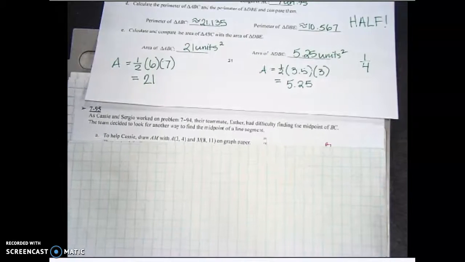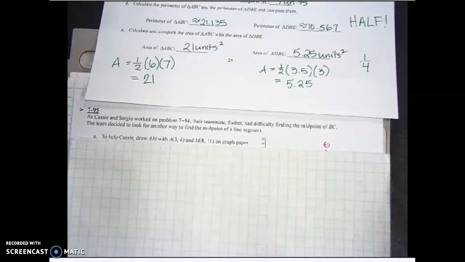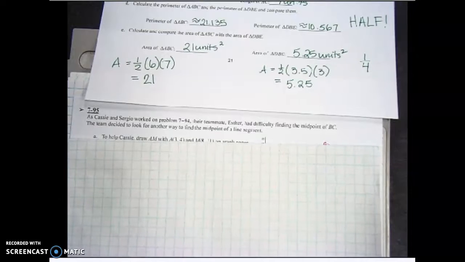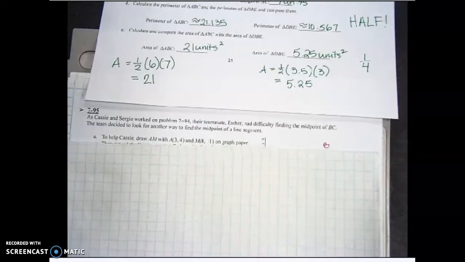All right, question 95 at the top of page 22 says, as Cassie and Sergio worked on problem 94, their teammate Esther had difficulty finding the midpoint of BC. The team decided to look for another way to find the midpoint of a line segment.